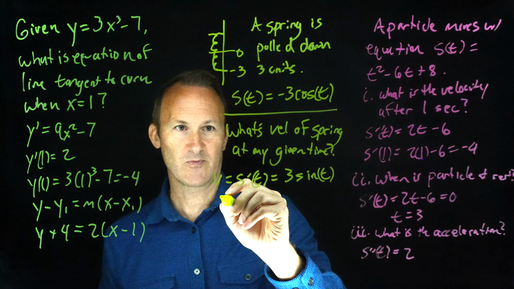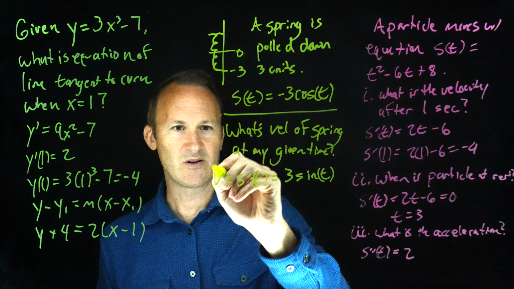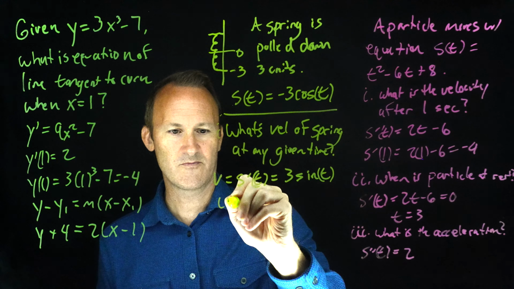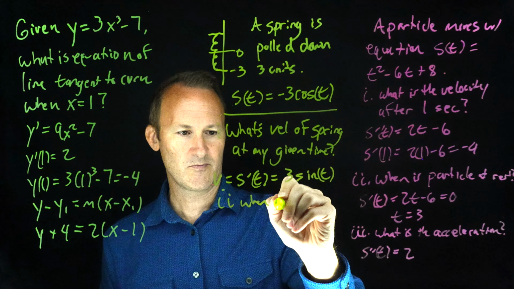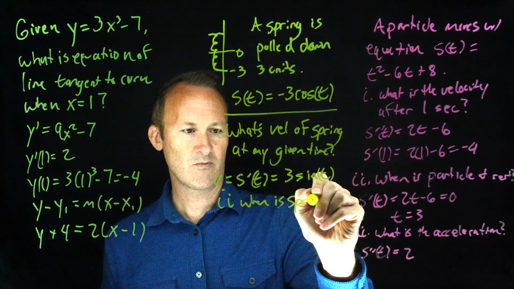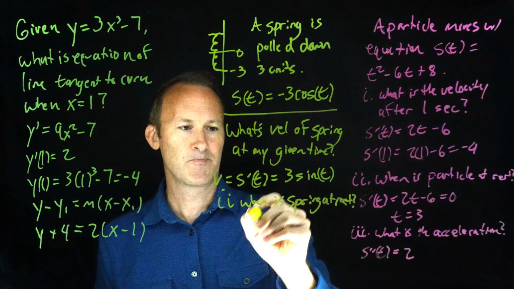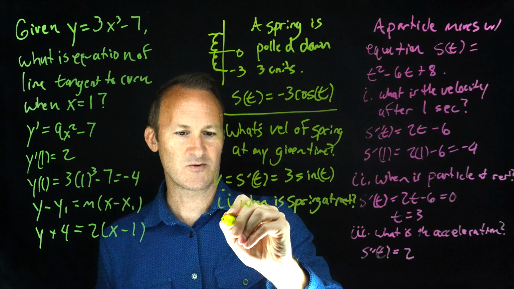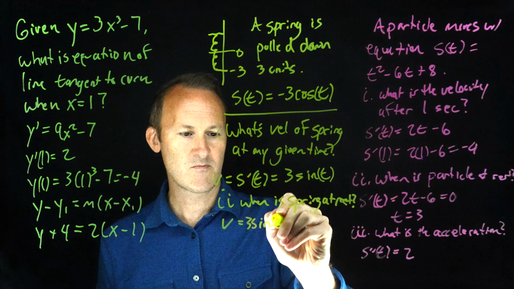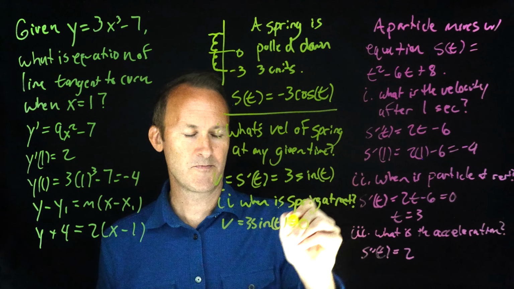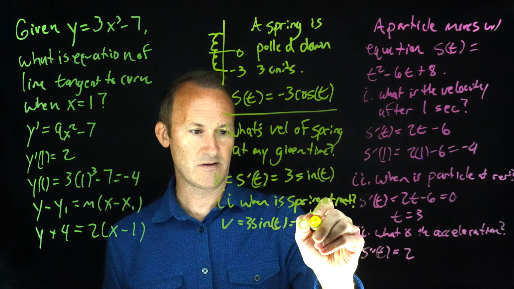So this would be our first question, 1, and then 2, when is it at rest? Well, you've got to solve v, which equals 3 sine of t, equal to 0. And this is going to work whenever t equals what?